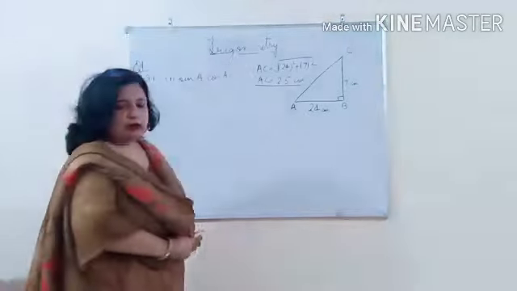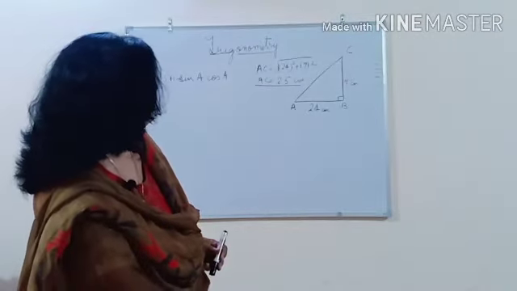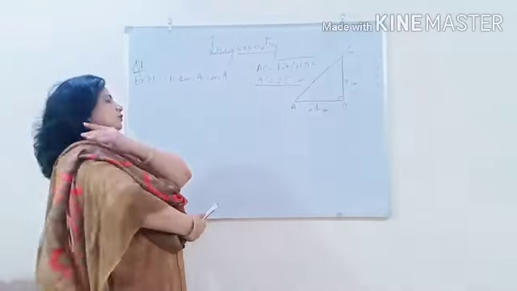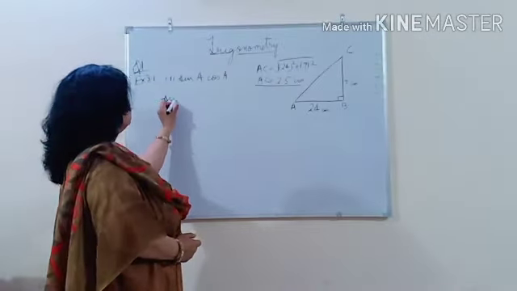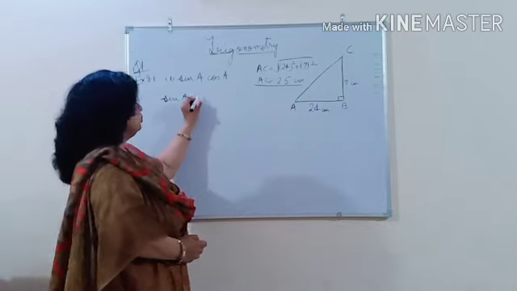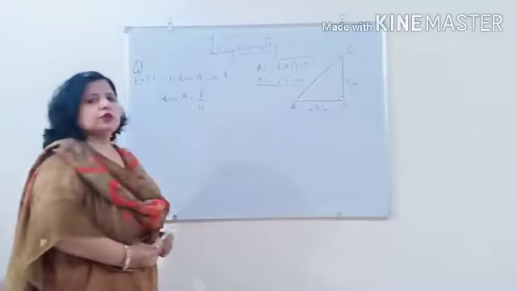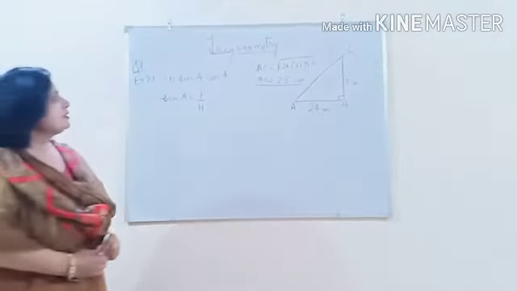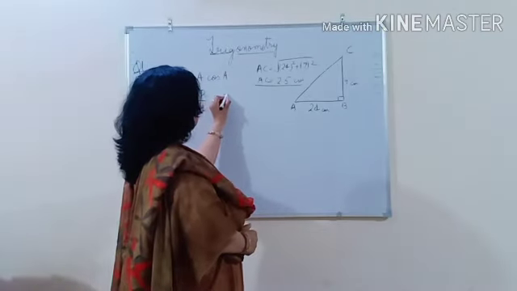Now let us find sin A. Sin A will be equal to perpendicular upon hypotenuse. Perpendicular here is 7 and hypotenuse is 25.